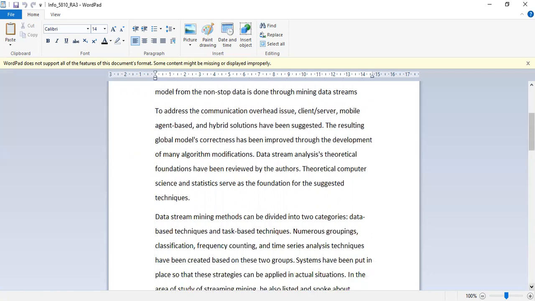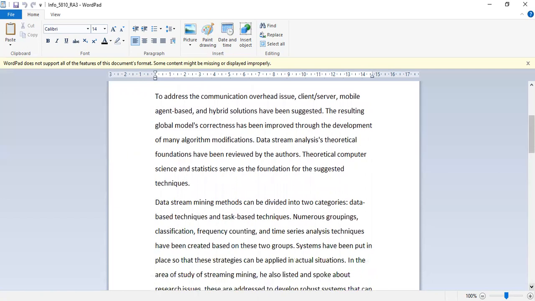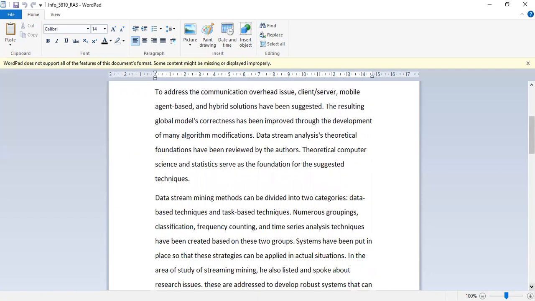That's the difference between task-based and database techniques. And numerous grouping, classification, frequency counting, and time series analysis techniques have been created based on these two groups. And systems have been put into place so that these strategies can be applied in actual situations.